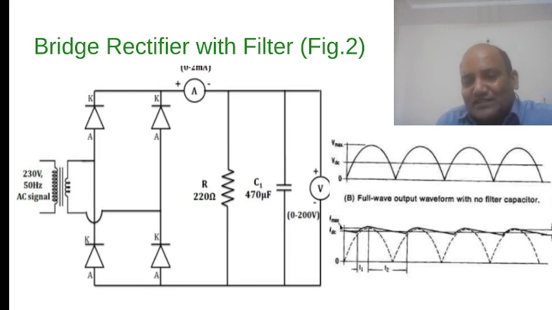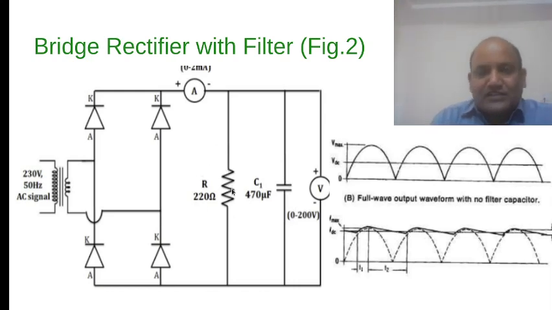Now you can see that previously your pulsation was from here to here, but with the connection of the capacitor it is from here to here only. This is the beauty of the capacitor connected across the load of your rectifier.